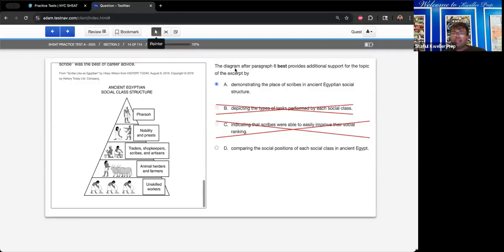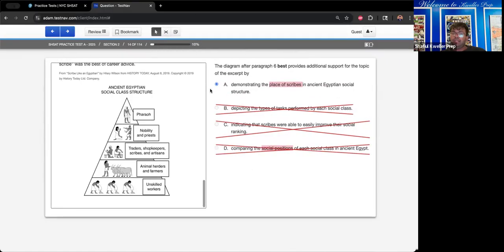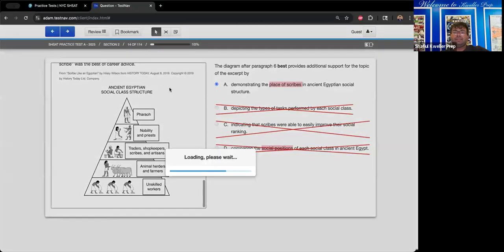A is saying demonstrating the place of scribes, D says comparing the social positions. We don't want to compare how scribes are better than pharaoh or scribes are better than animal herders and farmers. We just want to see where scribes are in this structure. So because of this difference, the answer should not be D. It's just going to be A. Does anyone have any questions on that? Hopefully not. Okay, let's go to the next one.